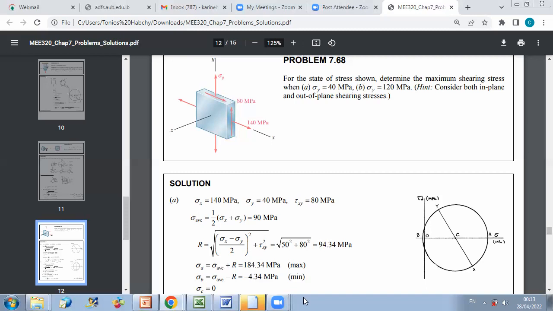So if you want to plot the Mohr circle first, we have just to take 2 points. Point x characterized by coordinates sigma x, minus tau xy, and point y characterized by coordinates sigma y, plus tau xy, then xy will constitute the diameter of our Mohr circle.